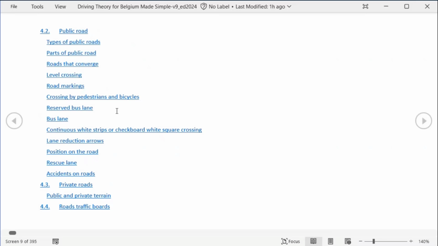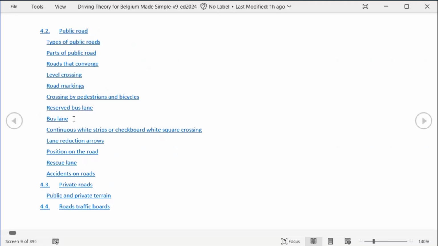What is a reserved bus lane? How do we identify a reserved bus lane? It's again important because the rules that apply on a reserved bus lane are totally different from other roads, right? For example, a bus lane.